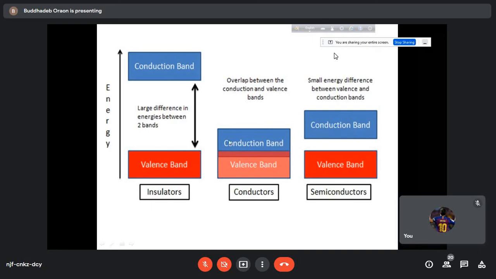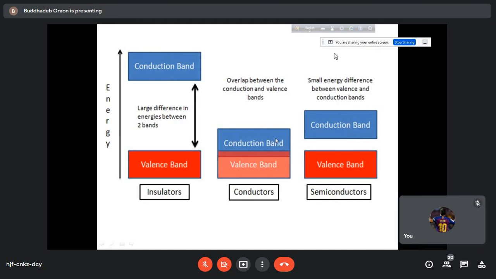In the case of conductors, the valence band and conduction band sometimes overlap, and some of the electrons are already in the conduction band, so they act as charge carriers. But in the case of sodium, the case is different.